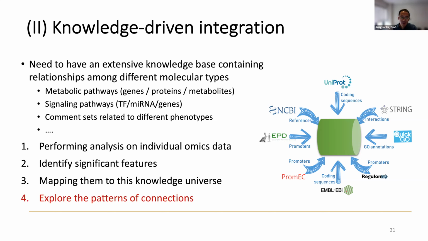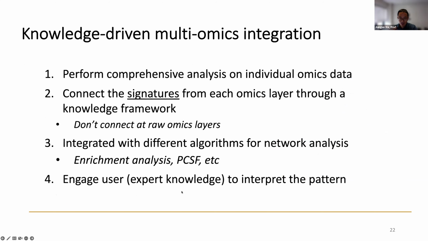So this is easy to see, but doing it well is not so easy. It's just because you need to have a lot of knowledge networks there, and you need to visualize them, and you need to analyze on top of that. So this is exactly what we try to create with OmicsNet, and how it helps people do that.